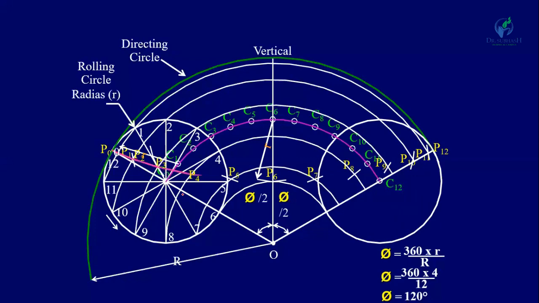Now join all these points by a smooth curve. So this curve is known as a hypocycloid. Now let's draw the tangent and normal at a point 100 mm from O. So point S is here. Now with S as a center and radius equal to the rolling circle radius, draw an arc which will intersect this center circle at this point.